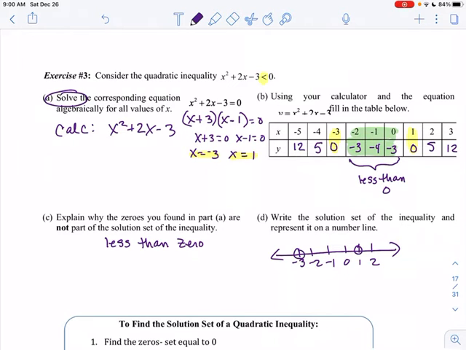And -3, but it's everything that's in between there. But again, I do not have a closed circle because I'm not including -3 and I'm not including 1. How can I write this? I can write x such that x is less than 1 and greater than -3. Okay, and that's how I can write my solution.